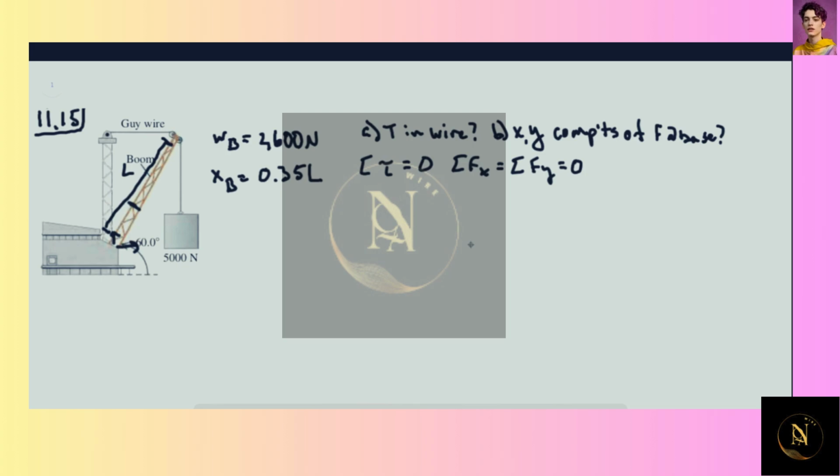So what we want first is a free body diagram. So here's, let's say, our boom. We're going to want to compute torques around this point here at the base, because then we don't have to know what the forces are at the base, because their contribution to the torque about this point will be 0.